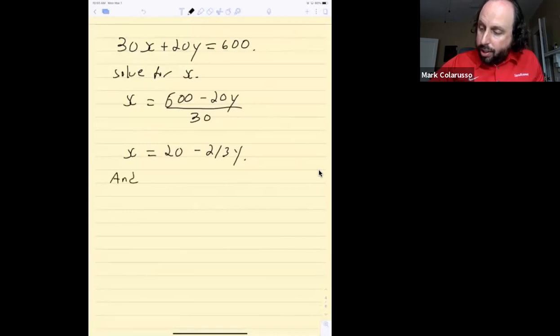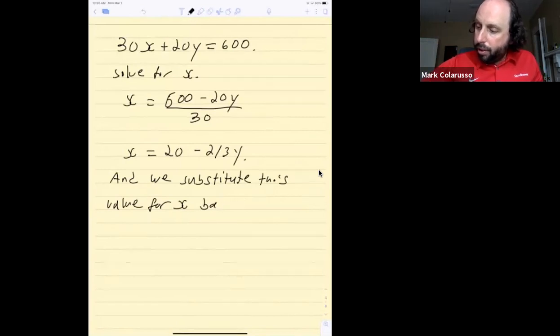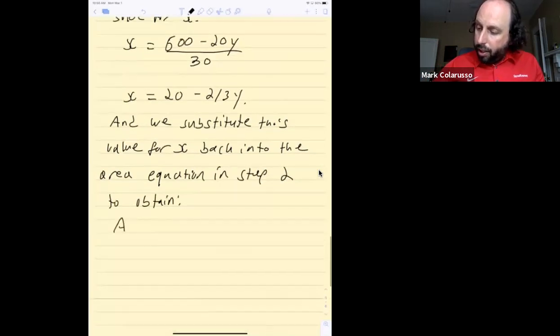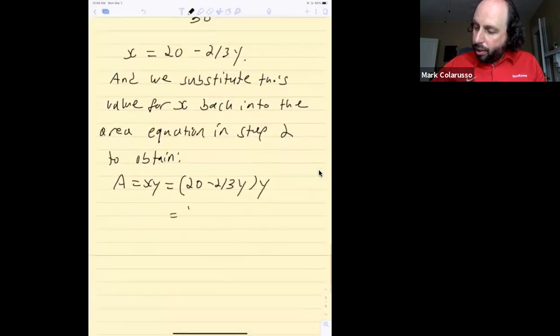And like we did in the previous questions last video, we substitute this value for x back into the equation in step 2 to obtain that the area equals x times y, which is (20 minus 2/3 y) times y, or 20y minus 2/3 y squared.